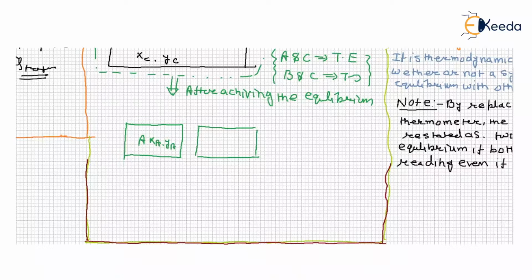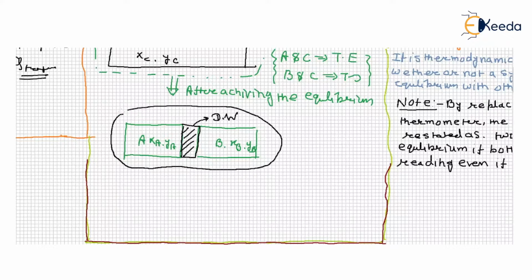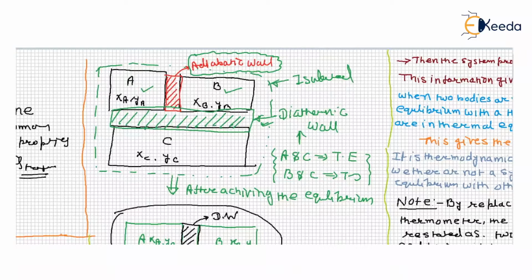See, and we put a diathermic wall, and the insulation is there. See, if there is an unbalance between property A and B, after replacing the adiabatic wall, we insert between A and B a diathermic wall.